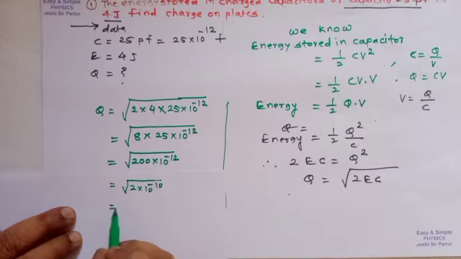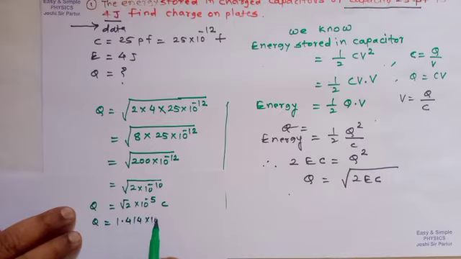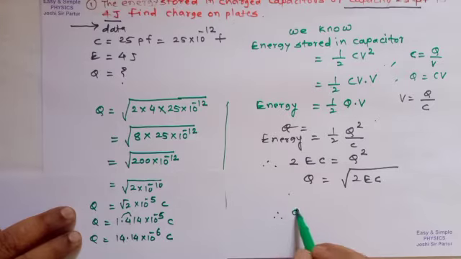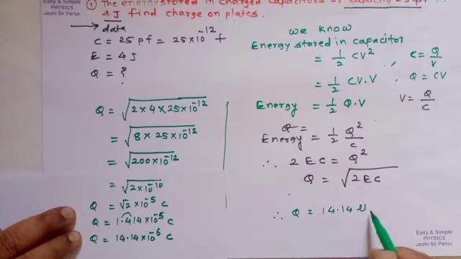That is square root of 2 into 10 to the power minus 5 coulomb, or charge is equal to 1.414 into 10 to the power minus 5 coulomb. If we shift the decimal point, charge is equal to 14.14 into 10 raised to minus 6 coulomb. Therefore the charge is 14.14 microcoulomb, which is the answer for the given example.